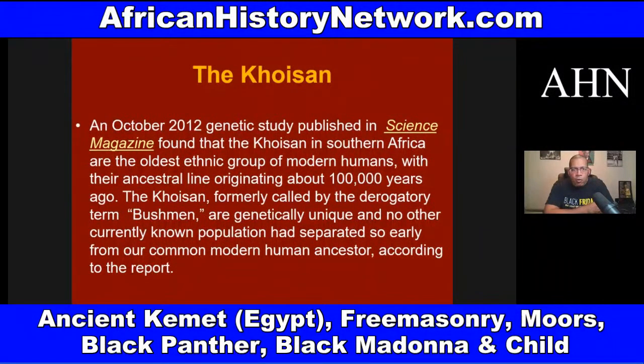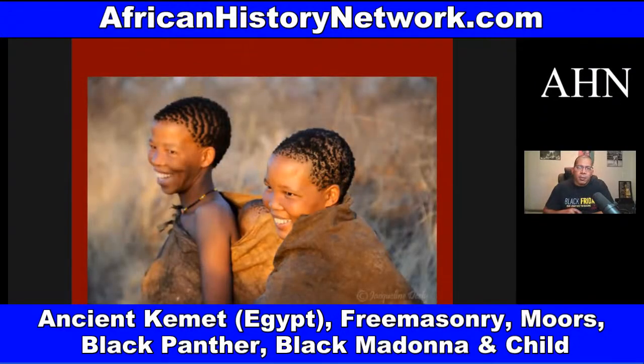The Khoisan, formerly called by the derogatory term Bushmen, are genetically unique, and no other currently known population had separated so early from our common modern human ancestor, according to the report. You may also hear them referred to derogatorily as pygmies. That's a derogatory term. And they're the ancestors to the Ainu and the Twa.